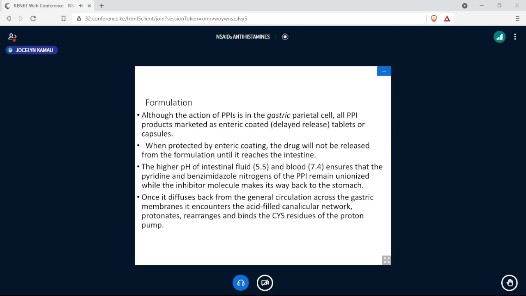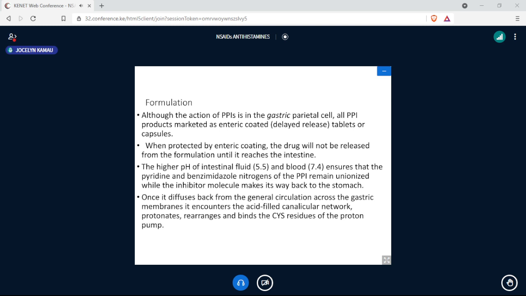Within the alkaline pH, that drug is highly lipophilic. So very readily, it passes into the blood. And there in the blood, as the blood circulates throughout the body, the blood will get into the canaliculi, the drug passes out into the canaliculi or into the parietal cell.